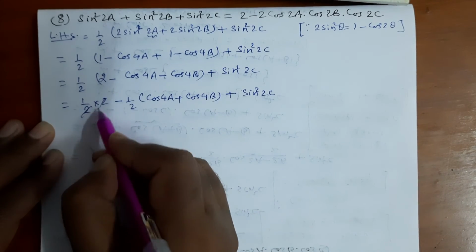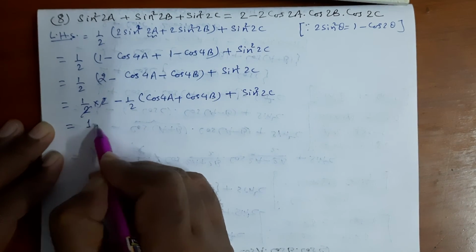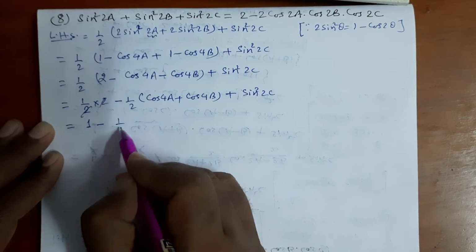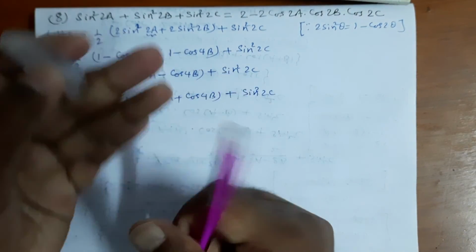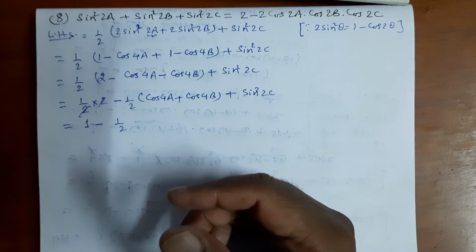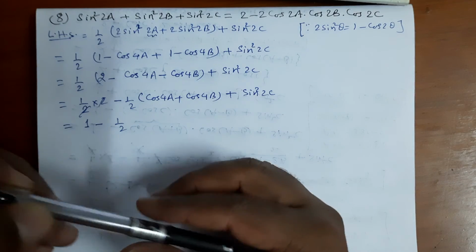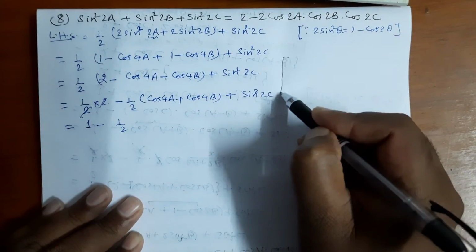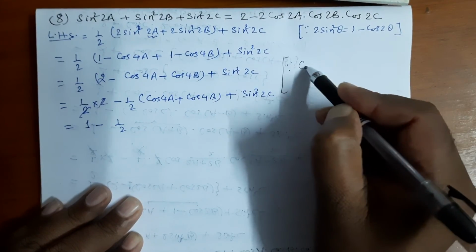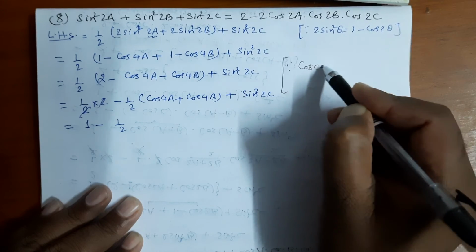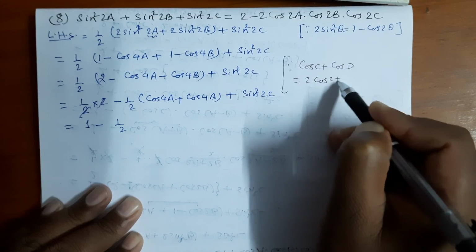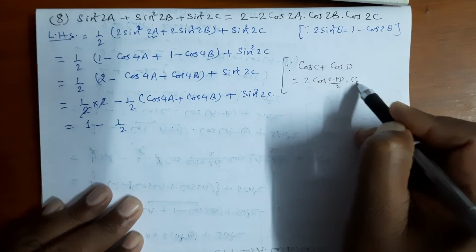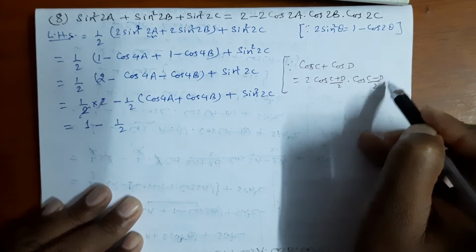And now this 2 and 2 can be cancelled, so we have only 1 here, 1 over 2. Now we use the cos c plus cos d formula. You know the formula of cos c plus cos d: cos c plus cos d is 2 cos (c plus d) over 2 times cos (c minus d) over 2.